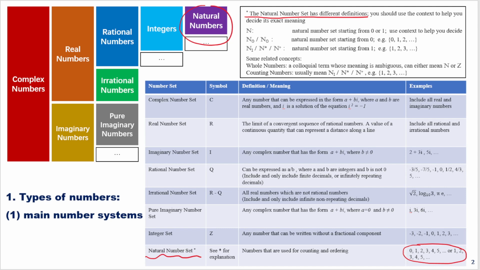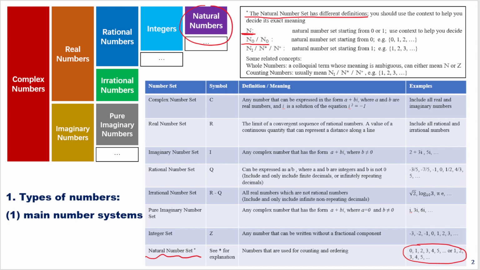Usually, when you see this letter N, that denotes the natural number set starting from either 0 or 1. So in that case, you need to use context to help you decide which is true. Otherwise, when you see the symbol N0, usually this denotes the natural number set starting from 0, which means this is a set of numbers 0, 1, 2, 3, and so on.